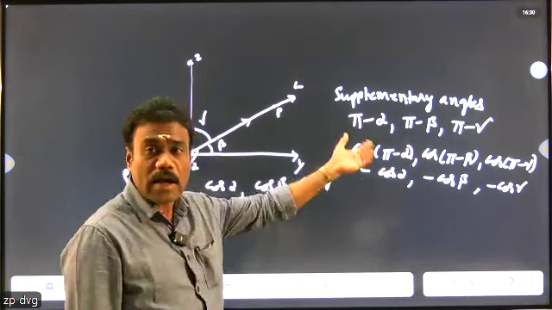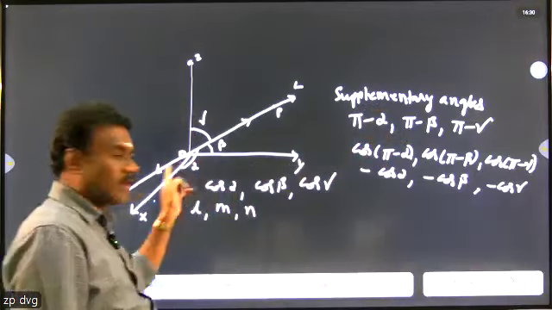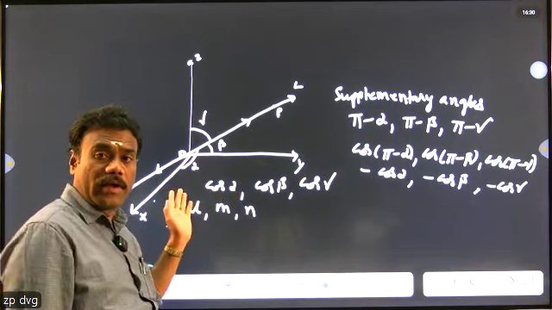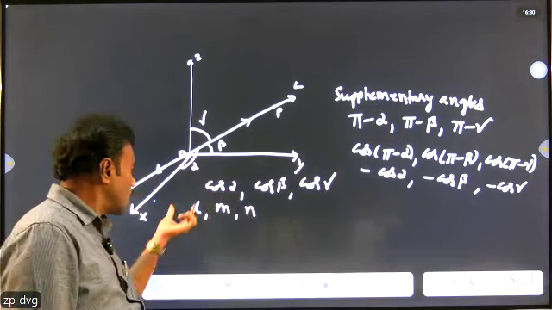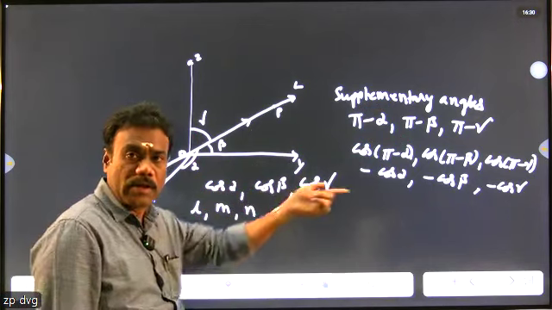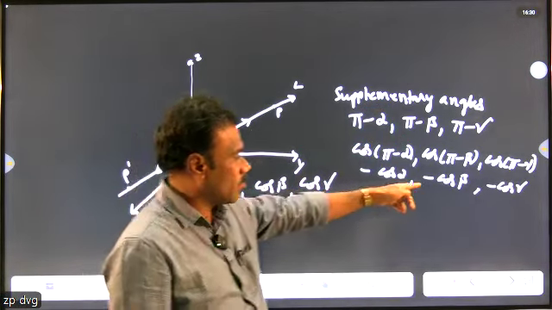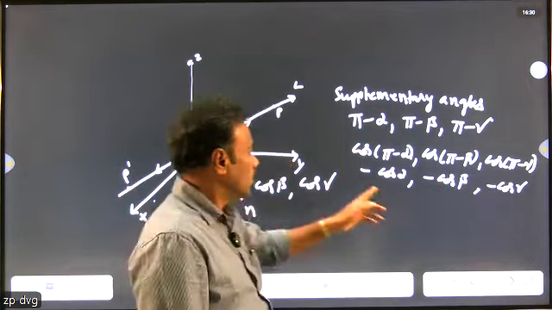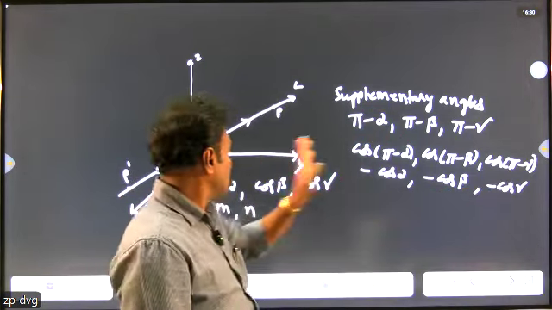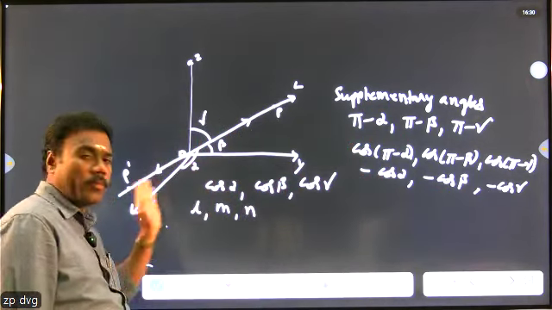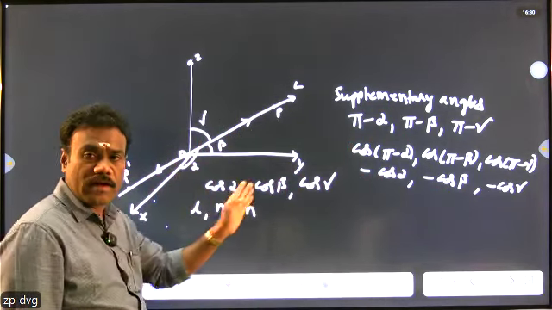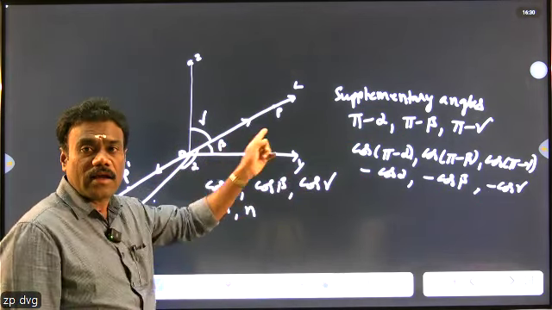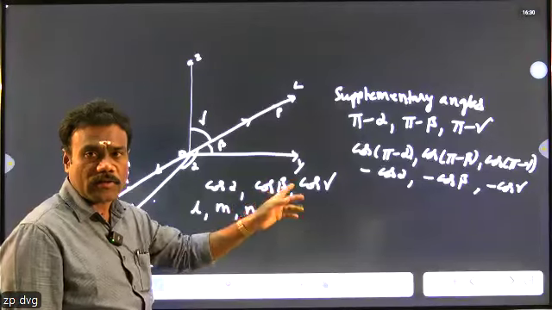So the direction cosines of this line are reversed, meaning the signs are reversed: minus cos alpha, minus cos beta, minus cos gamma. These are the direction cosines of the line OP dash, and cos alpha, cos beta, cos gamma are the direction cosines of the directed line OP.